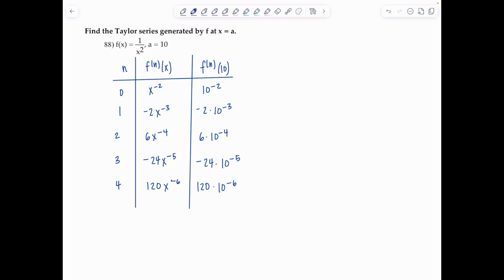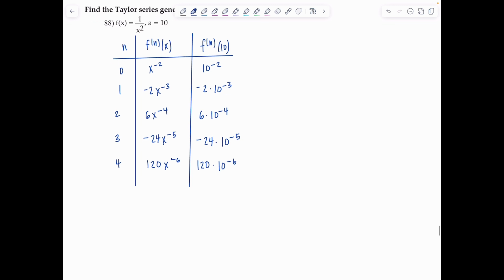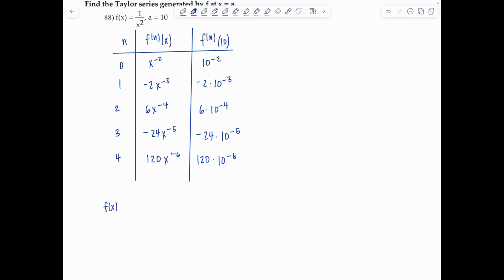Okay, so let's start listing out all of the terms here for our Taylor series. So remember, this is one of 3 parts from the table. So 10 to the negative second, then we have x minus a, which is 10 to the 0 over 0 factorial.